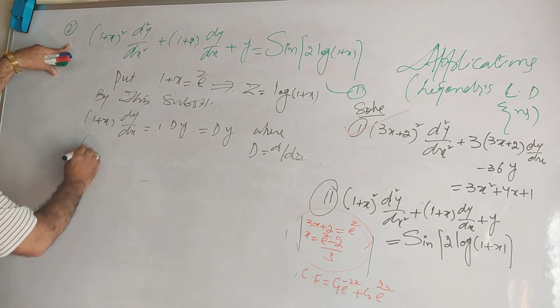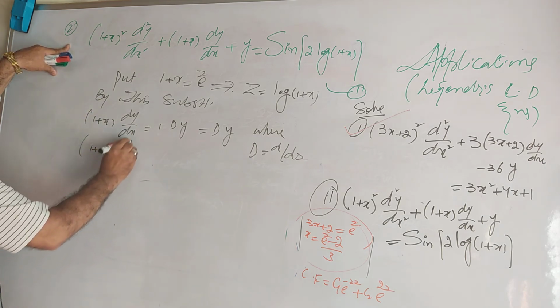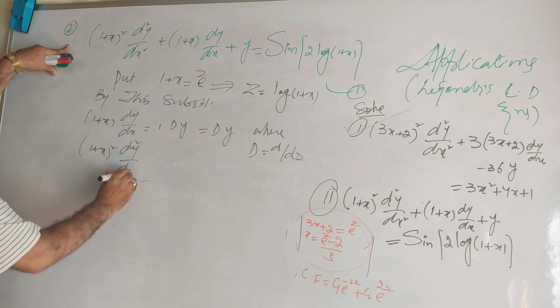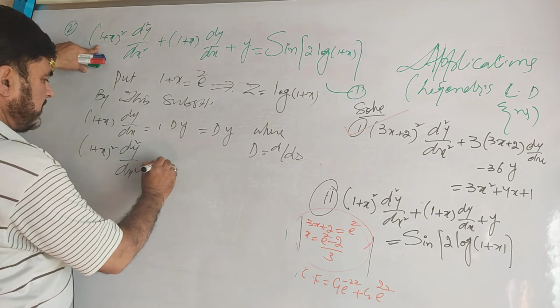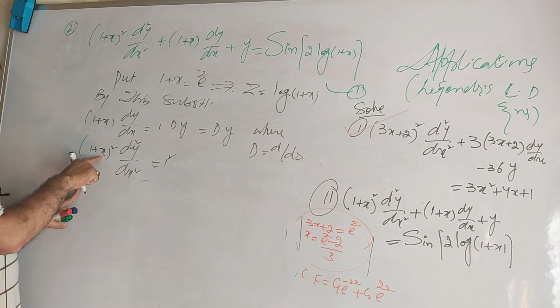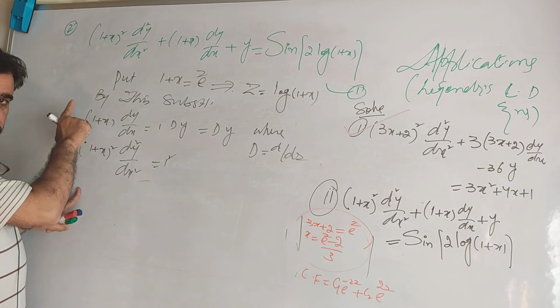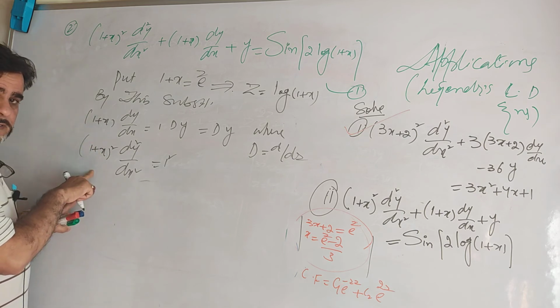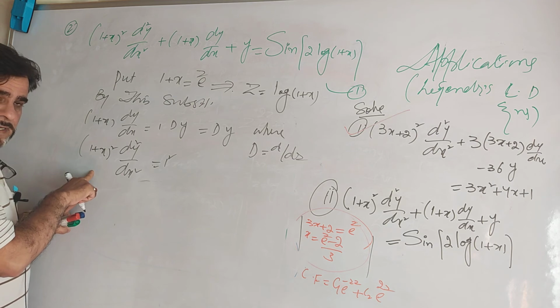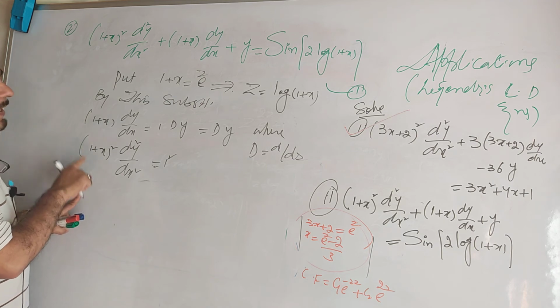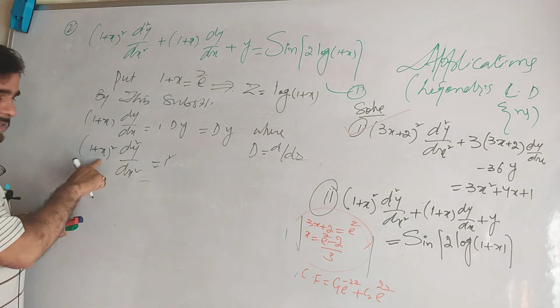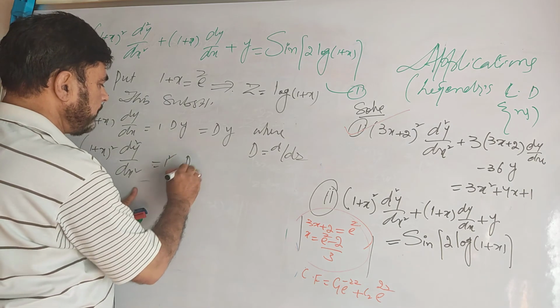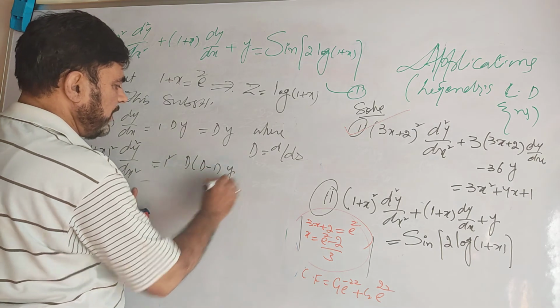Then you get (1 plus x) square d2y by dx square as 1 square, the coefficient of x. In the second order result the coefficient of x was b in a plus bx, and in the second problem it was 3. Now it is 1 here. It is D into D minus 1 into y.